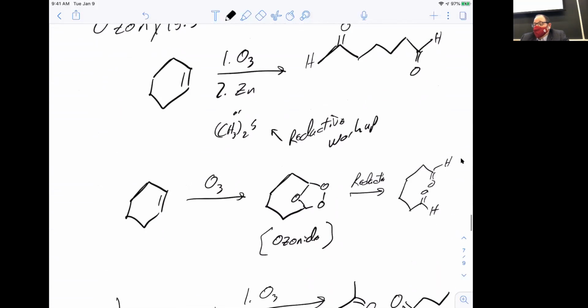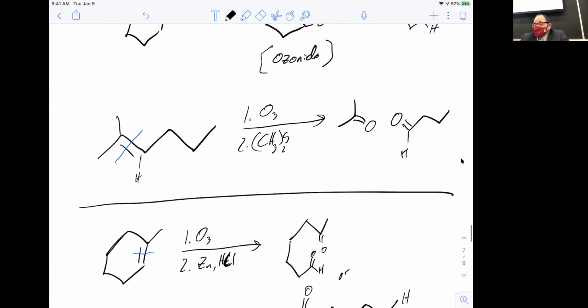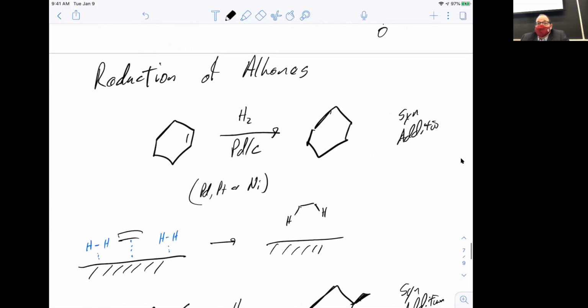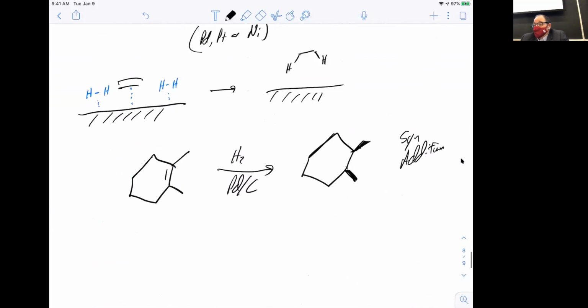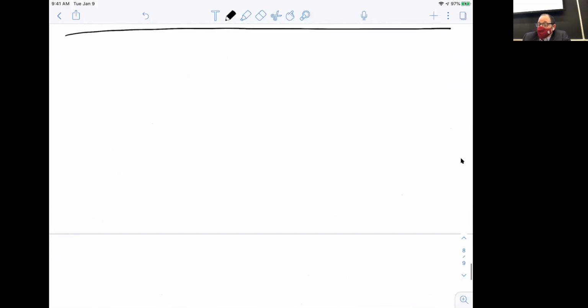The ozone makes an ozonide. Then we reductively cleave that to give us our products. And then reduction of alkenes. This, with last Thursday, is all of our reactions of alkenes. So let's do a little bit of practice and look at the first few reactions of alkynes. I'll put down a few reagents. You give me the products.